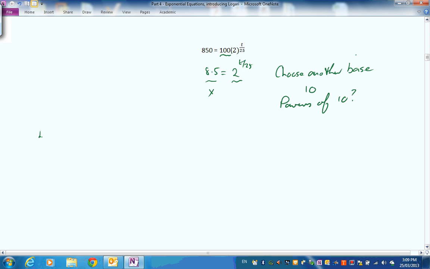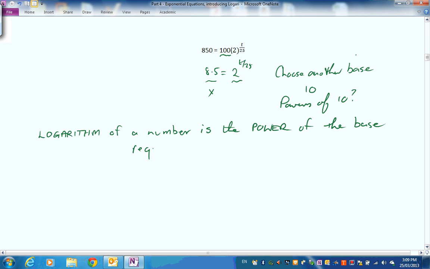So we're going to come into an area of mathematics called logarithms. The logarithm of a number is the power of the base required to produce the number. So that's the idea, and that's where we're going to introduce it.